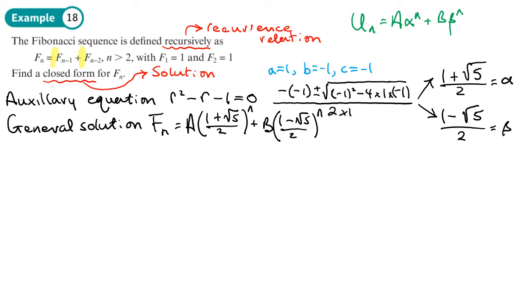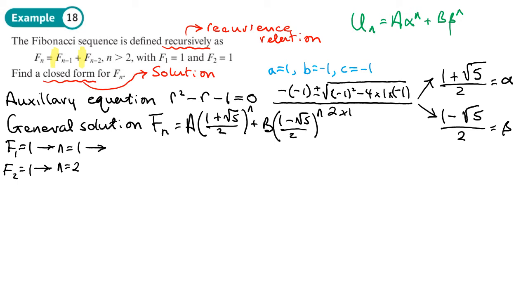So now we're going to use our initial conditions to find the particular solution or final solution. I have f1 equals 1, so that means that I will substitute n equals 1. Then the other initial condition is f2 equals 1, and that's going to be n equals 2. Right, so let's do that.